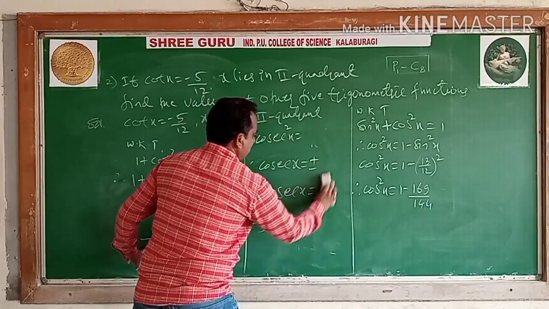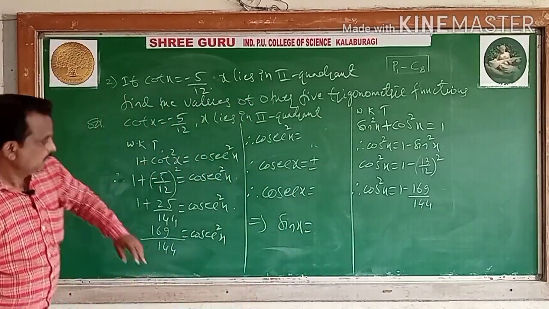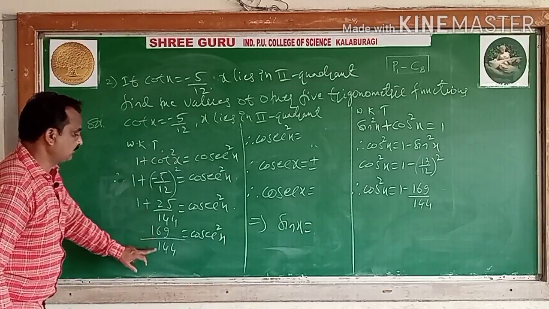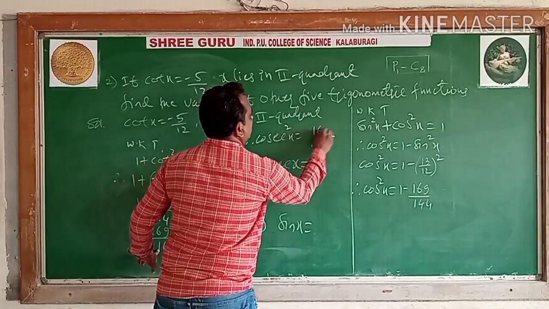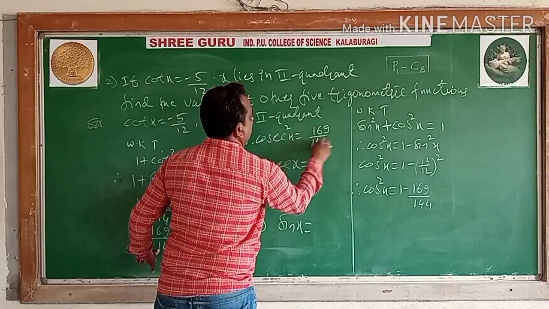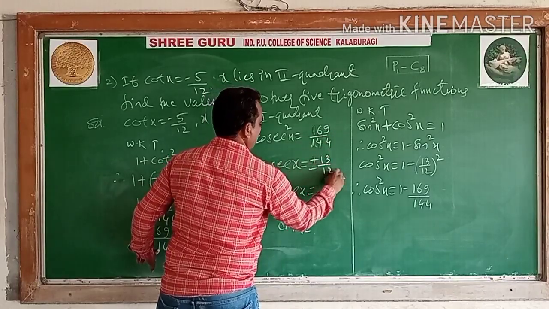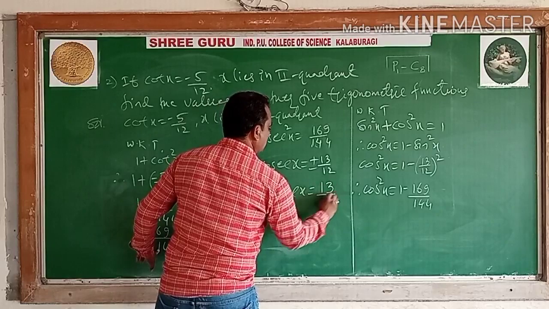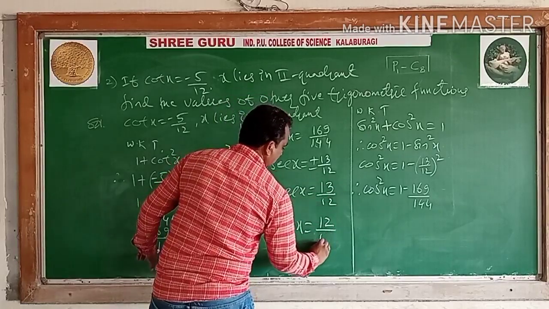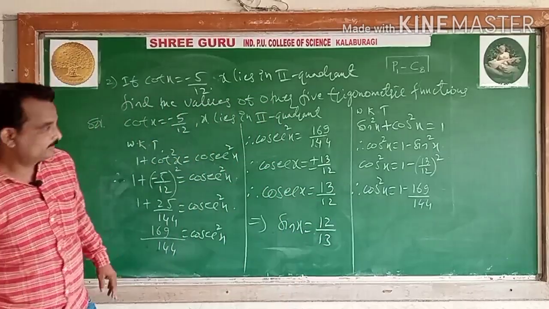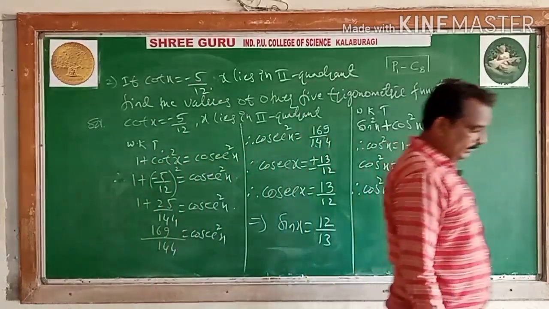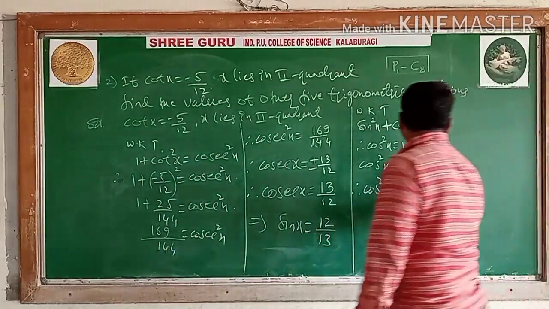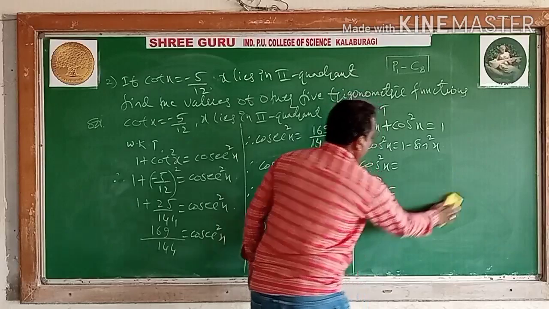Cosecant x is 13 by 12, but sine is 12 by 13, because the sine value is always less than or equal to 1. Then cos also differs here.